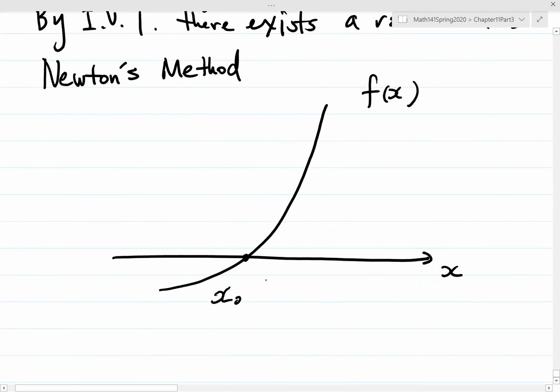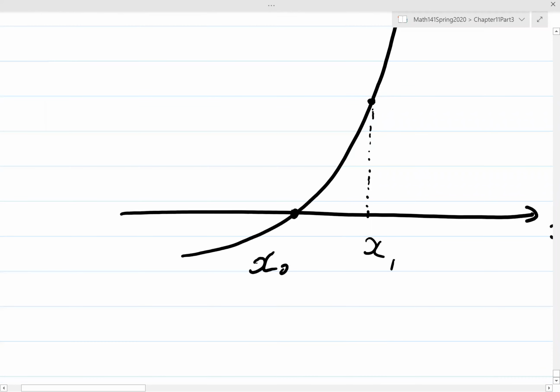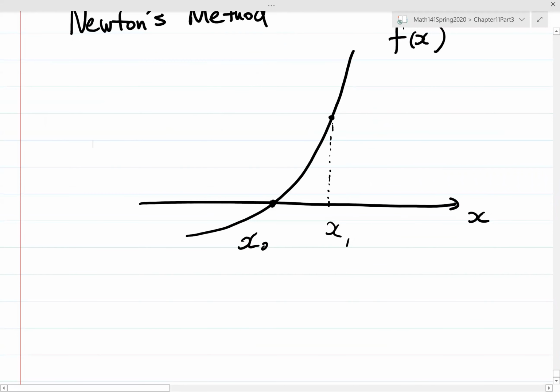Suppose we have some rough information about x0, so we pick a point near x0, for instance x1. Then we find the point above x1 on the graph of the function. So the general procedure is this. The first step: pick a point.